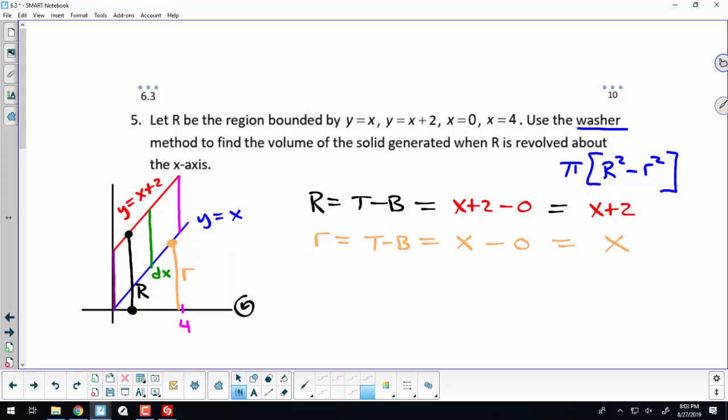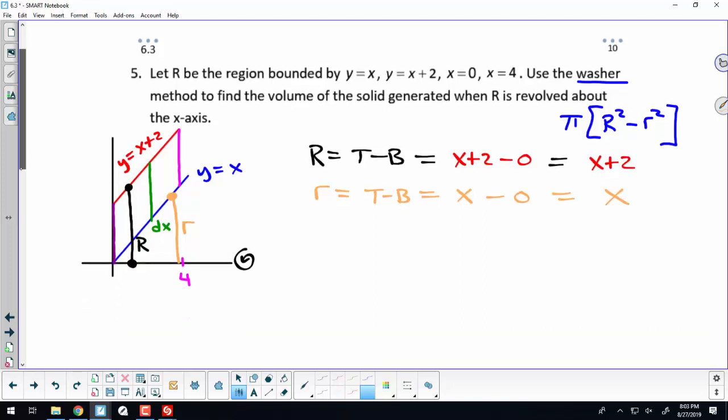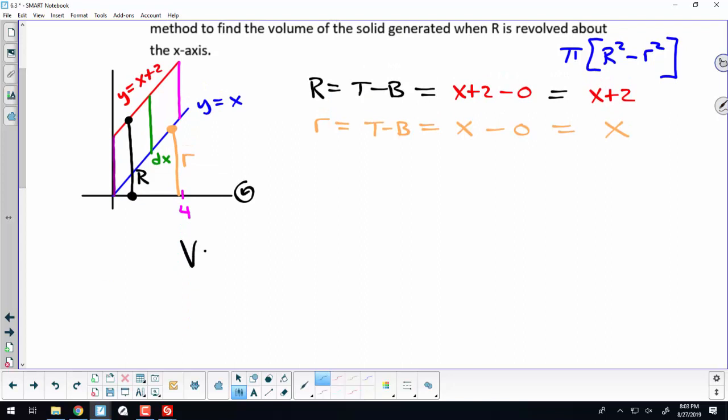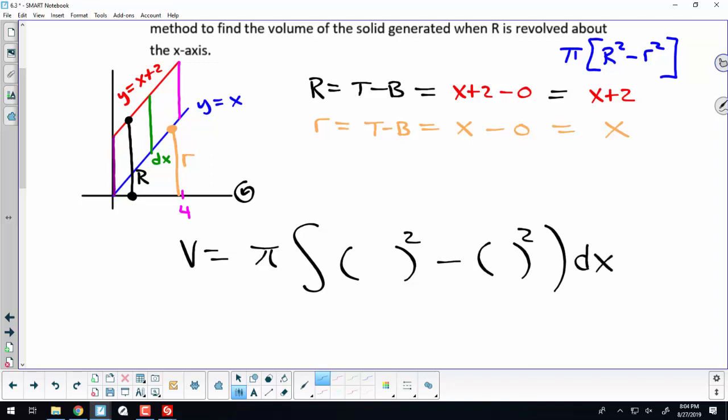Pi outer radius squared minus inner radius squared. Pi times the integral, our outer radius squared minus our inner radius squared. So that's x plus 2 squared minus x squared. And our bounds on x are from where to where? 0 here, all the way to 4 here. 0 to 4.